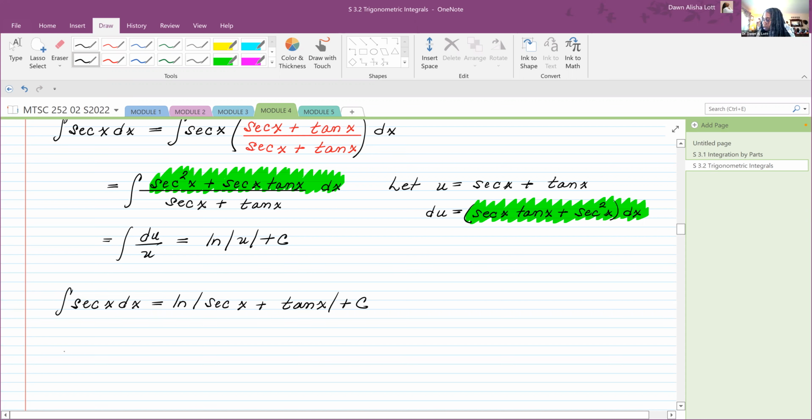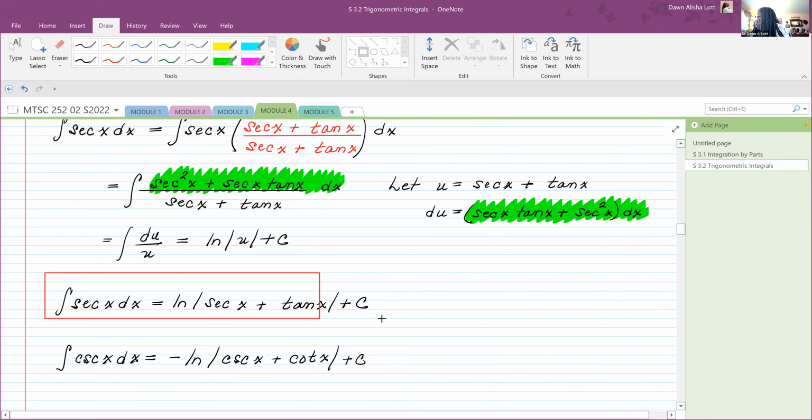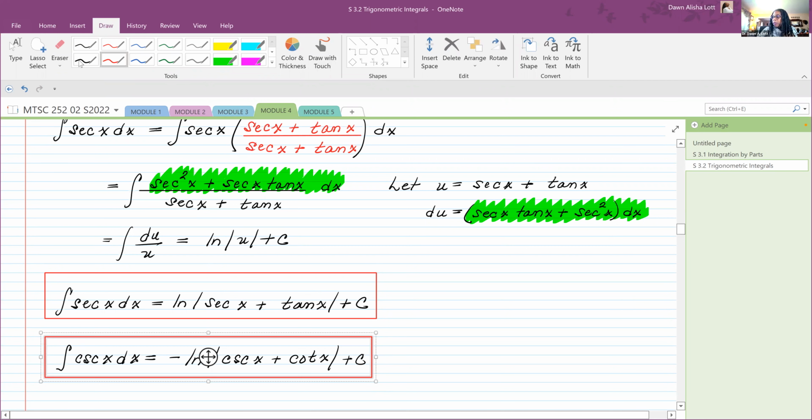And similarly, the integral of the cosecant of x dx is negative the log of the absolute value of the cosecant of x plus the cotangent of x plus a constant. So now we know how to integrate all of the trig functions to the first power. We did it. We have them all. Okay, any questions?